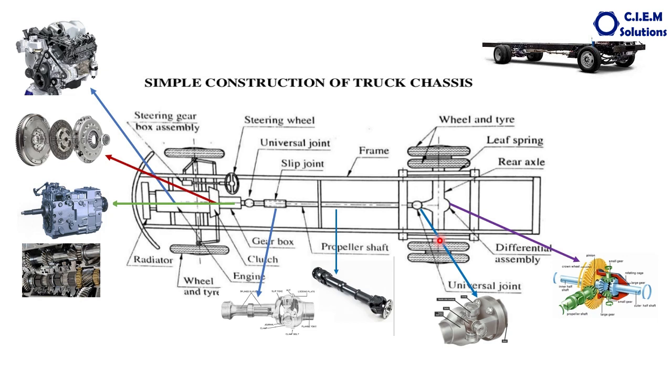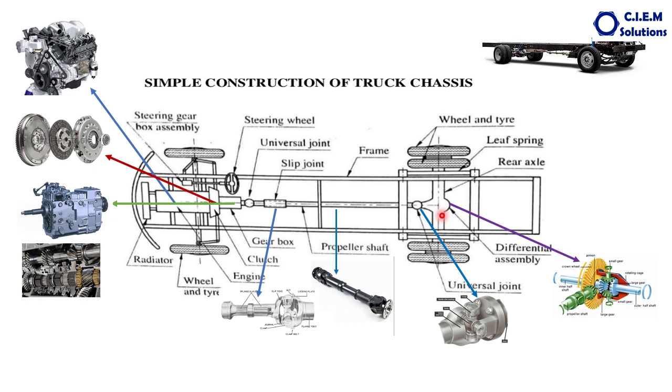Job number 2 is whenever the vehicle negotiates a turning. If you turn the vehicle, what happens? The inner wheel has to cover less distance compared to the outer wheel. Then only turning takes place. So the inner wheel of the vehicle, suppose you are taking the right turn, has to rotate at lesser speed and this wheel has to rotate at comparatively higher speed.